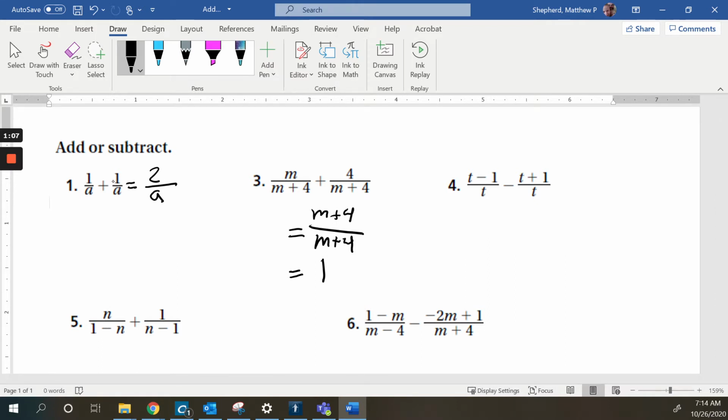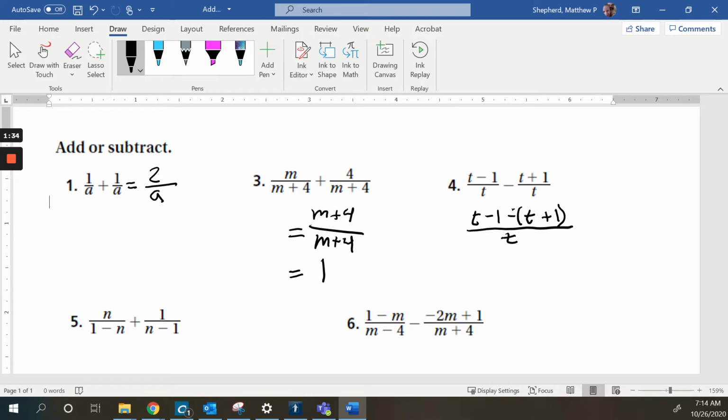Okay, in this one, once again, we still see our denominators are the same, so no adjustments needed. We can go ahead and perform this operation on the numerators. So we will have t minus 1. Now as I subtract, I am subtracting everything that was in that other numerator, so I'm going to put it in parentheses to emphasize that.